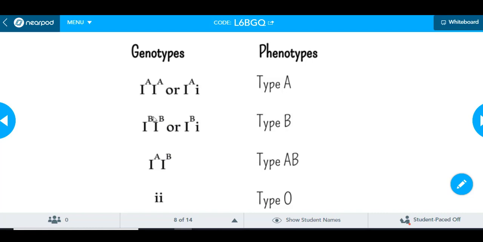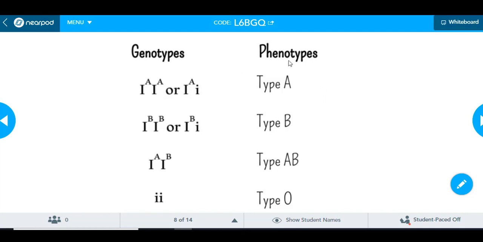If you notice here, A and B, we've used a superscript because both of those genes are dominant. We've used I to represent a dominant gene and lowercase i to represent a recessive gene. But for blood types, there are two dominant genes. So we use a superscript A to represent the A allele and a superscript B to represent the B allele.